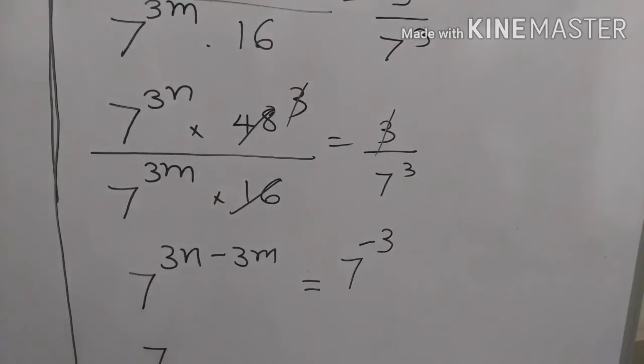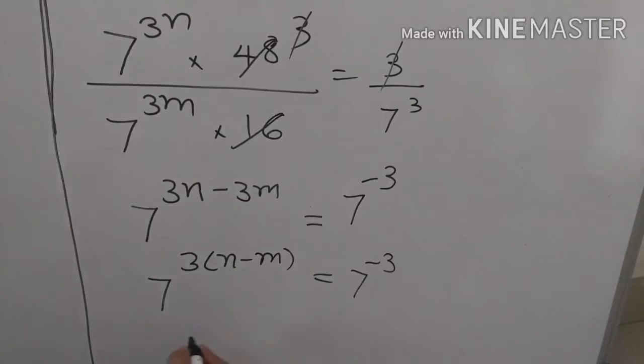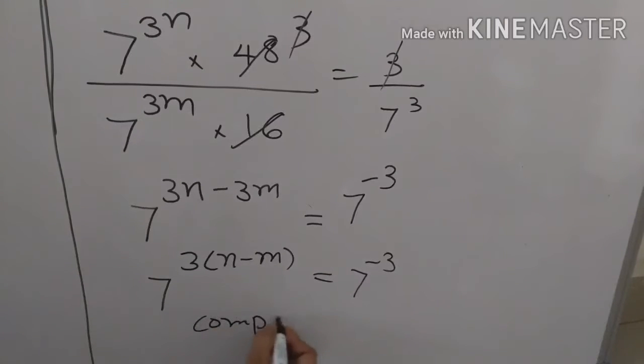Now here this 3 is common, so n minus m in the bracket is equal to 7 raised to minus 3. Now the last step we are on. Here, as the bases are similar on both sides, you can compare powers. So here I am writing comparing powers.